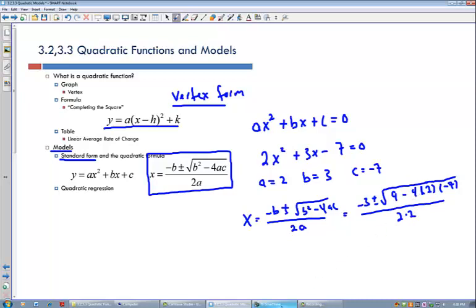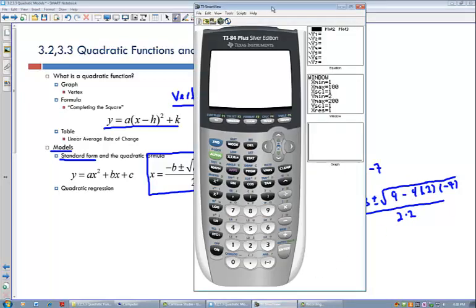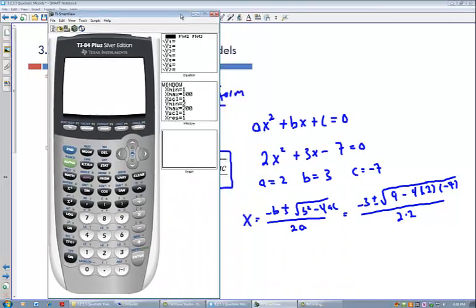You can use your calculator to compute these two numbers. On your calculator, let's do left parenthesis, negative 3, and first we'll add the square root, second square root, 9 minus 4 times 2 times negative 7, in parenthesis, divided by 2 times 2, so divided by 4.